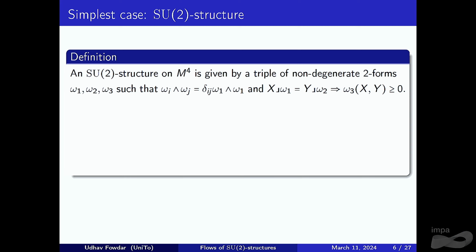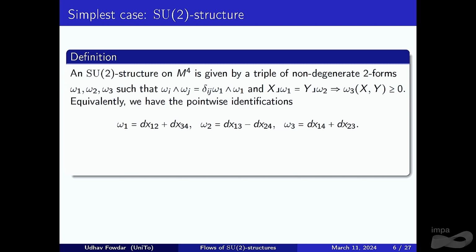And it comes with a certain orientation, which means that when I contract a vector field x with omega 1 and the corresponding vector field y with omega 2, and I plug that into omega 3, I get a positive number. So that's basically saying that I have a triple, but they're oriented. Or equivalently, I'm just going to identify them at a point with the standard self-dual 2-forms on R4.